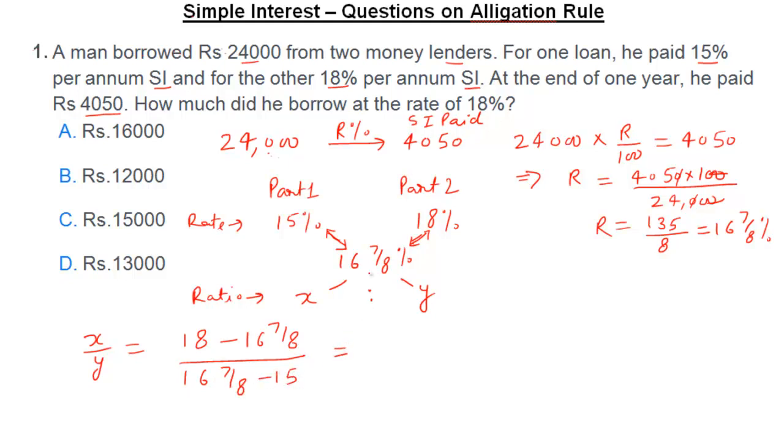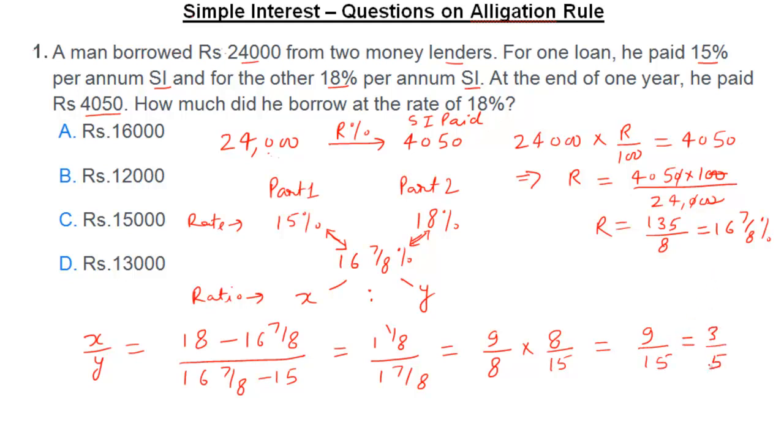Okay, so 18 minus 16 whole 7 by 8 is 1 whole 1 by 8, divided by 1 whole 7 by 8. So further this can be written as 9 by 8 multiplied by 8 by 15.